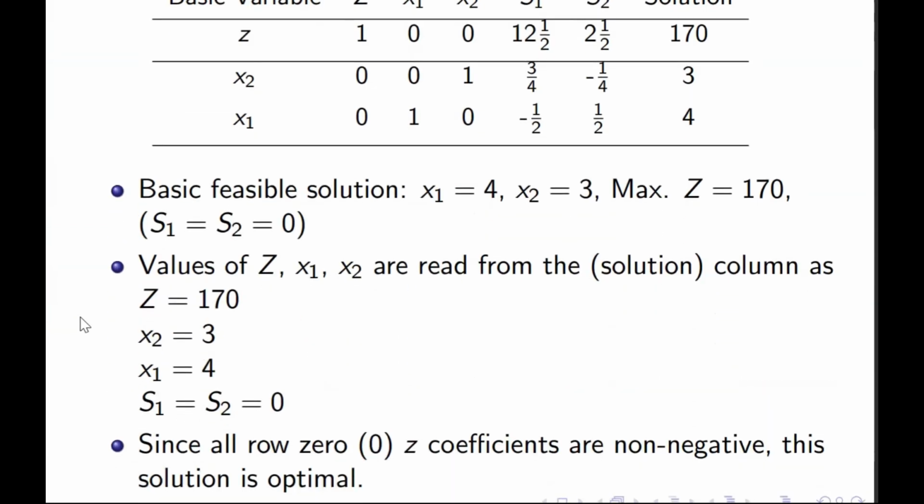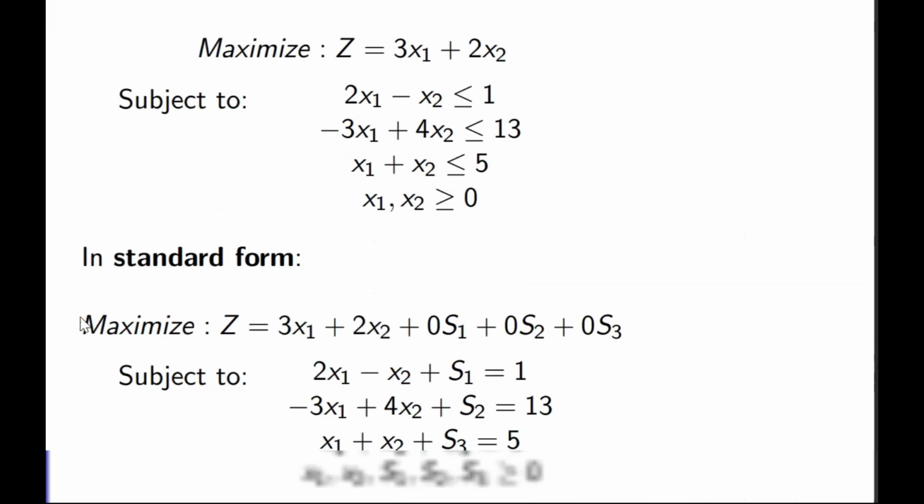So the basic feasible solution is x1 = 4, x2 = 3, max z = 170, s1 = s2 = 0. The values of z, x1, x2 are read from the solution column as z = 170, x2 = 3, x1 = 4, s1 = s2 = 0. Since all row 0 z coefficients are non-negative, this solution is optimal.